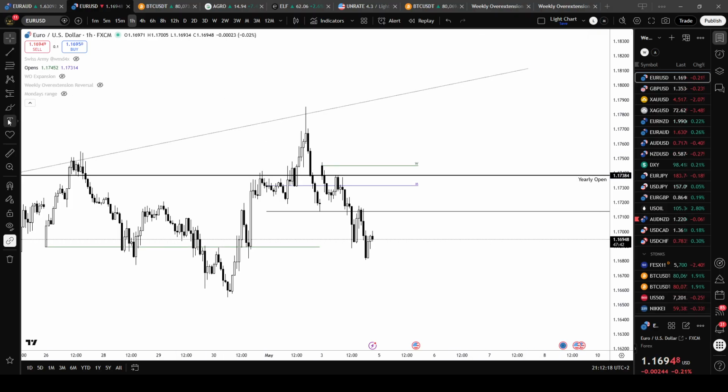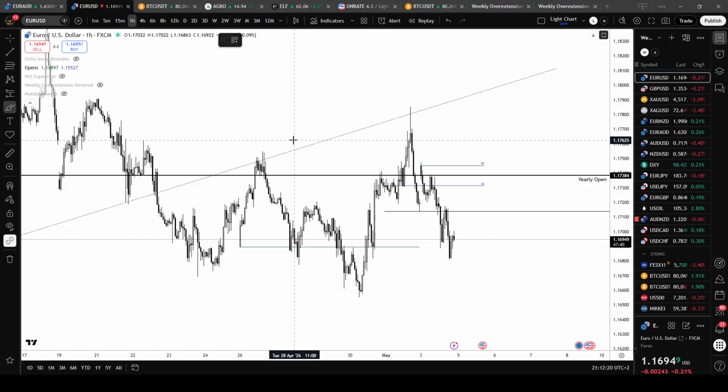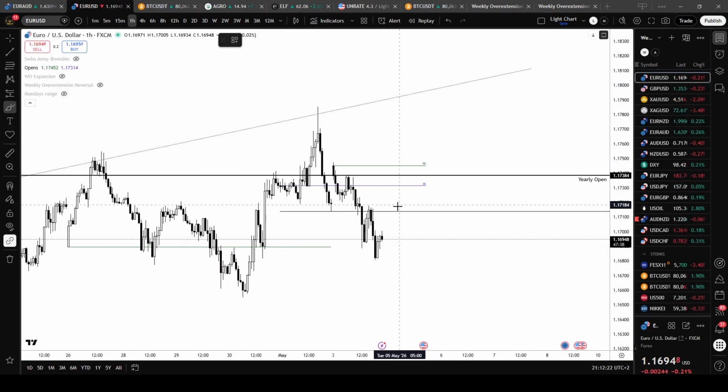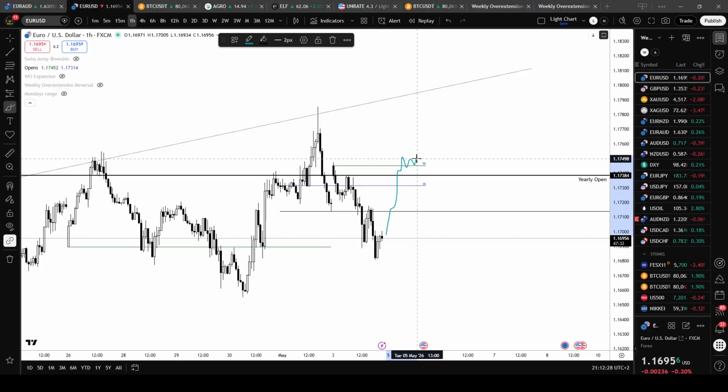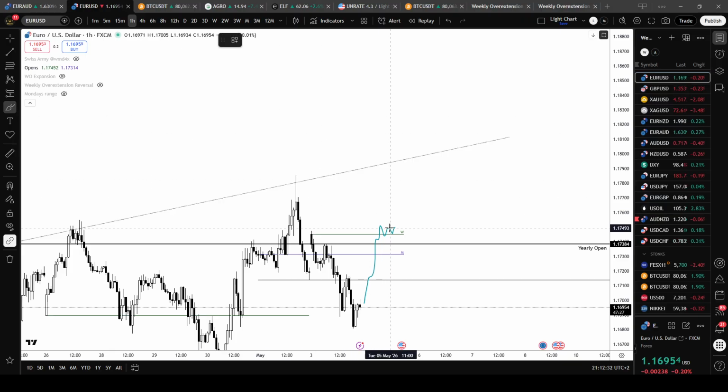I do think that if price reclaimed the weekly open with an H4 close, I would come in short. Sorry, I would come in long. I can see that happening. Why not?